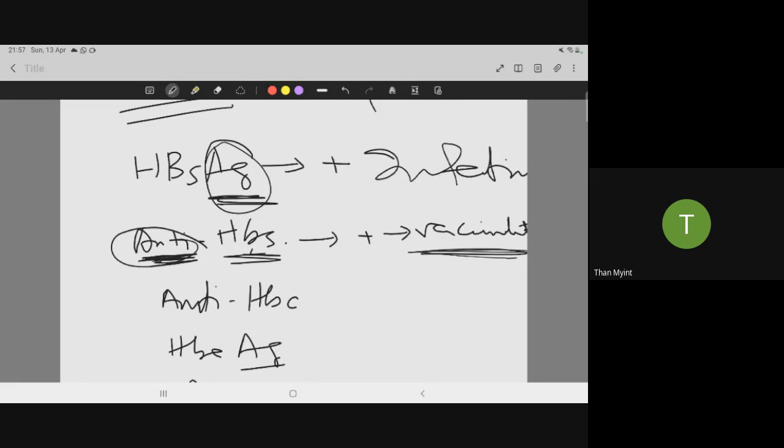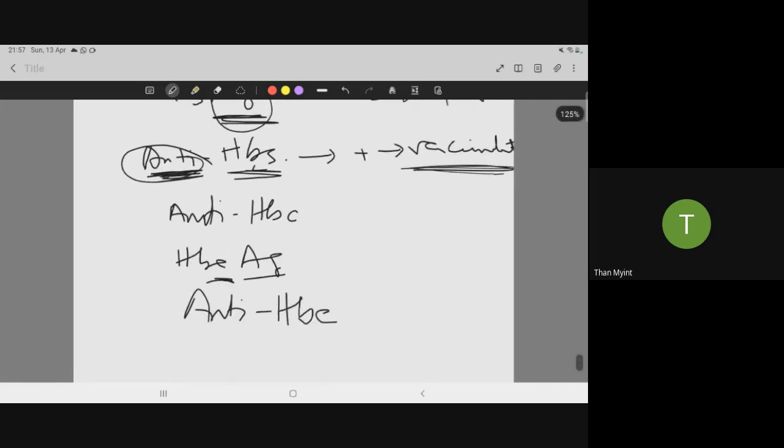And then when you see hepatitis E antigen, it means infectivity. You have to remember this. It means how infectious your blood is, so that it can replicate very well.